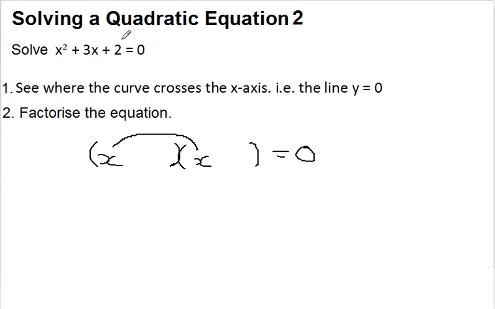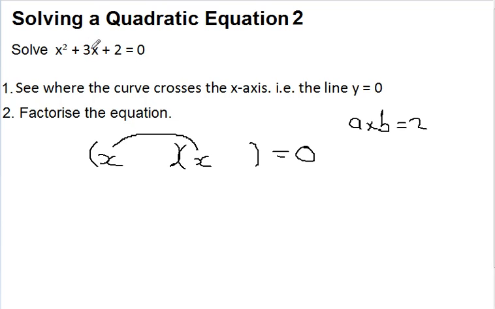To get the 3x plus 2, now we need two numbers here, okay? And the general rule is that these two numbers, if we call them a and b for now, have to multiply together to make 2, and they have to add together to make the coefficient of x here.